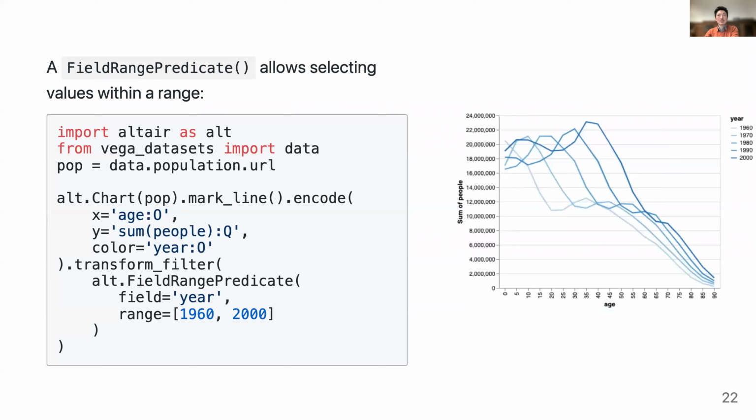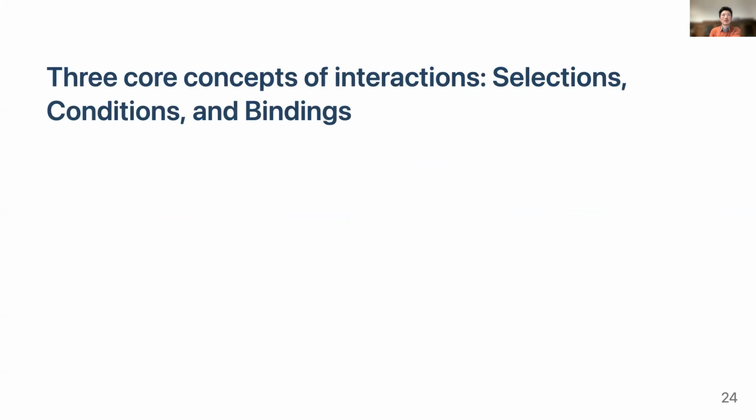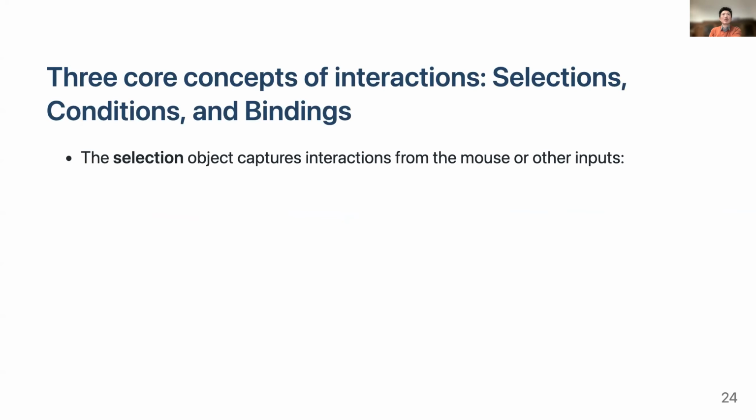Okay, and so that is about filtering. And this is kind of the last part, but we still have quite a few to go, covering making the chart more interactive. Okay, and so we understand these three different concepts called selection, conditions, and binding.